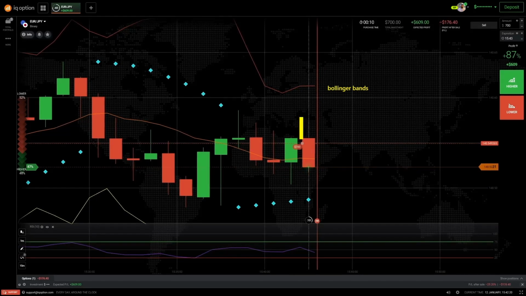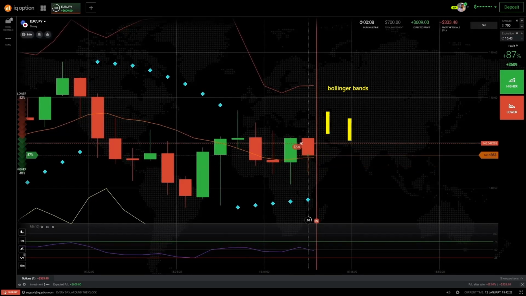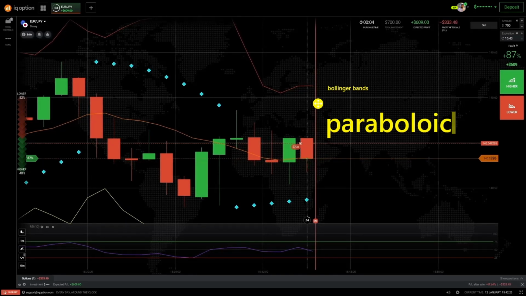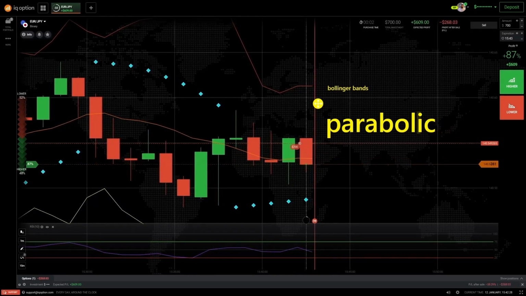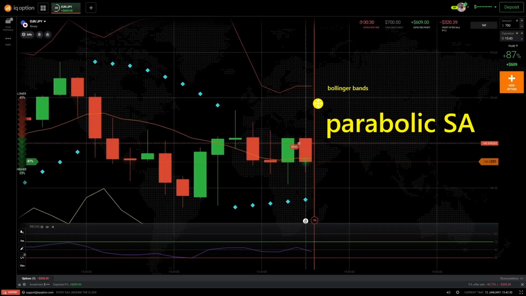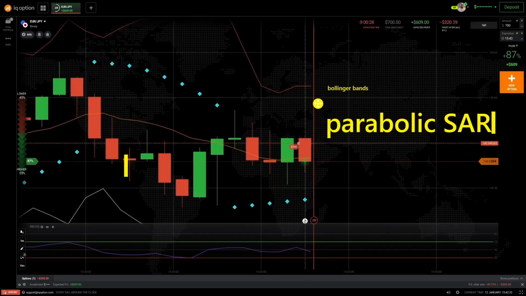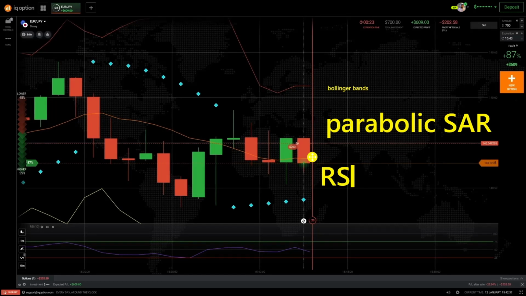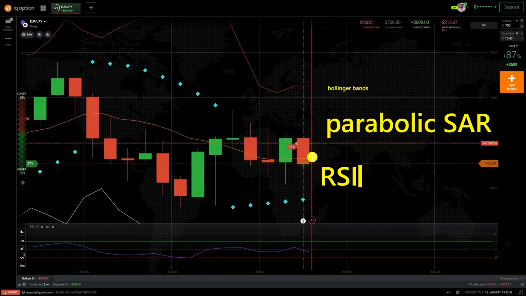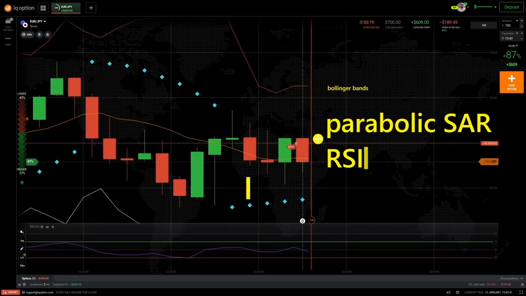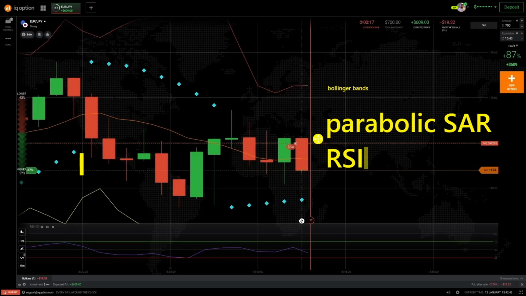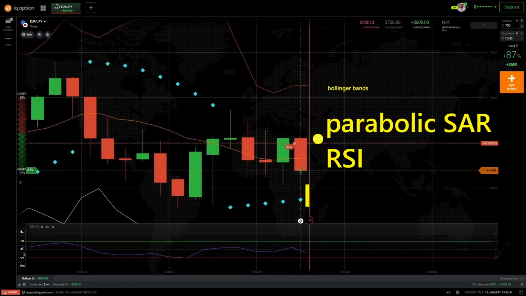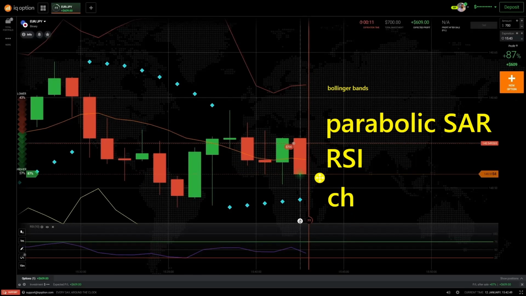Also, besides Bollinger Bands, I'm using the parabolic SAR. I'm also using RSI, and my own moving average and the charts, so chart patterns.